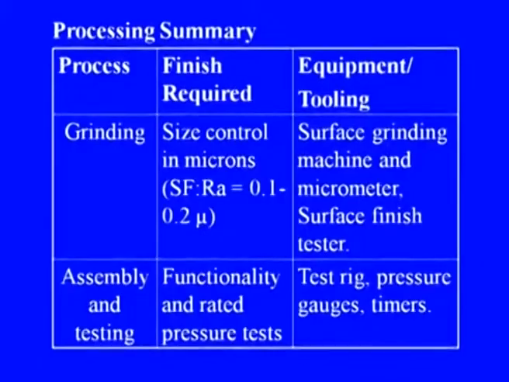Then the grinding process, in which the size control will be in the range of 0.1 to 0.2 micrometer of Ra values, and the equipment required will be surface grinding machine and micrometer. Of course, a surface finish tester for verifying the surfaces produced.